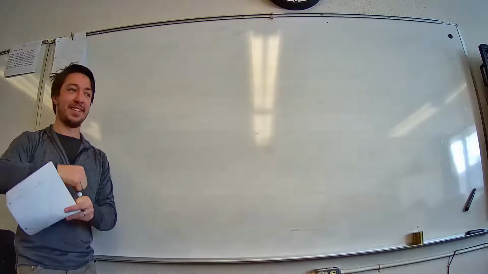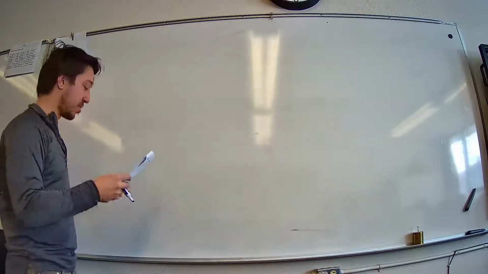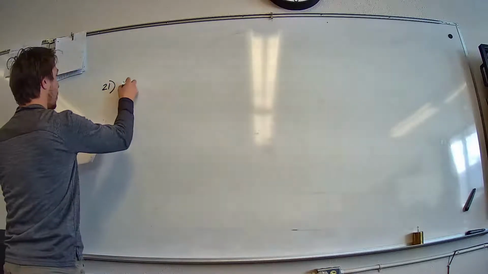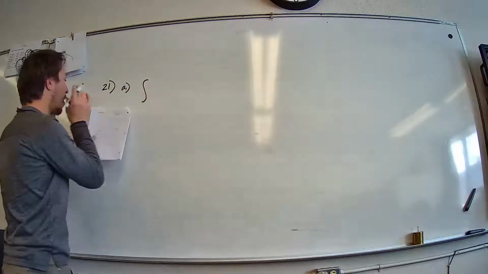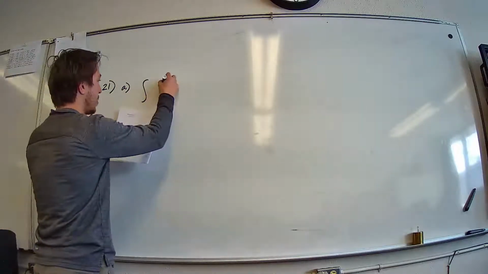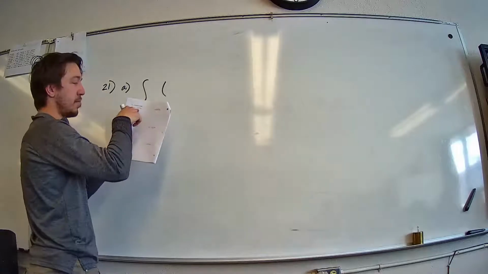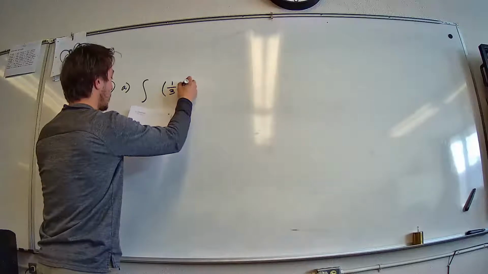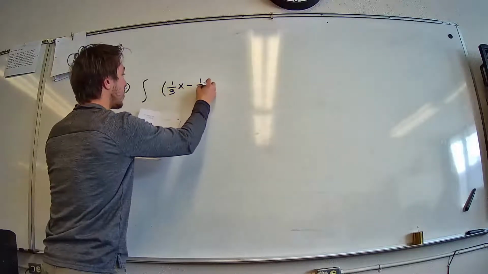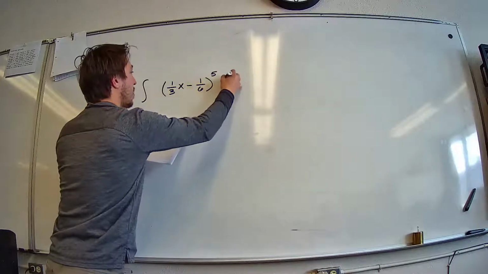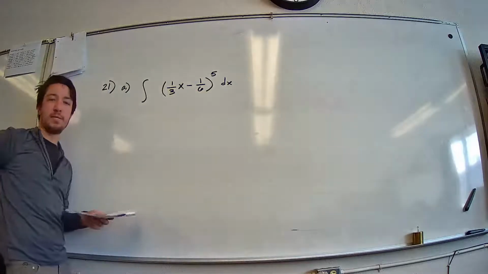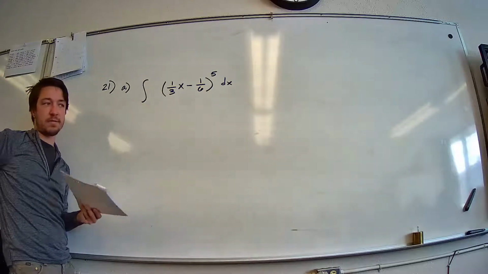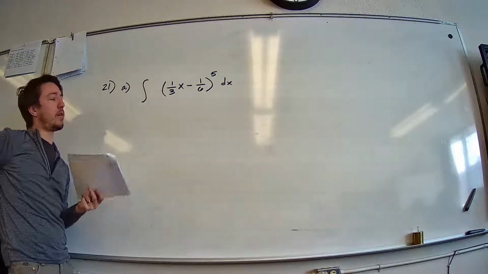That was epic. Okay. So don't be scared of 21A. It might help you to rewrite that parenthetical as 1/3 x minus 1/6. That maybe looks a little bit more friendly. It's just linear.